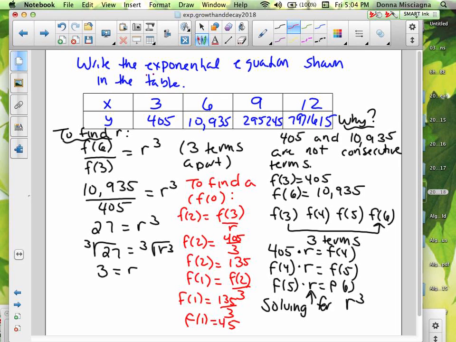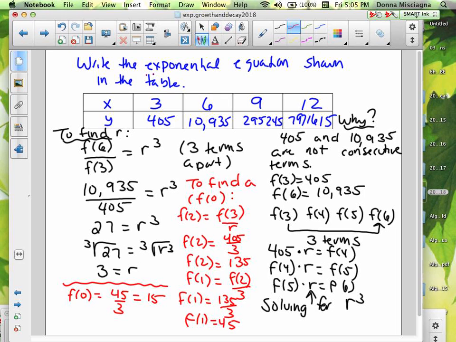I don't think that was my very first term. That's because I'm only at f of 1, not f of 0. So I'm going to continue over here. The last one, f of 0, because we got to get to 0, is 45 divided by 3. I hope you don't mind if I don't write f of 1 divided by r again. I think you got the idea. 45 divided by 3 is 15, because otherwise I'm going to run out of space to write my equation.